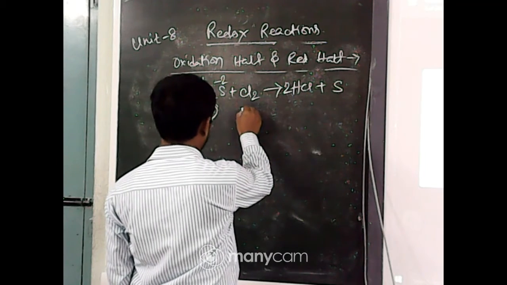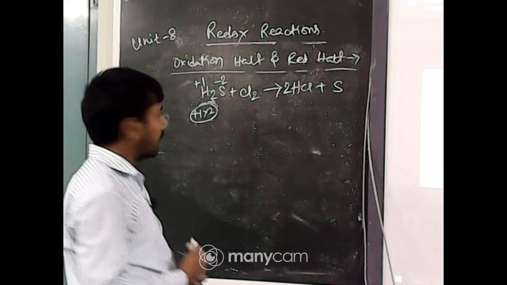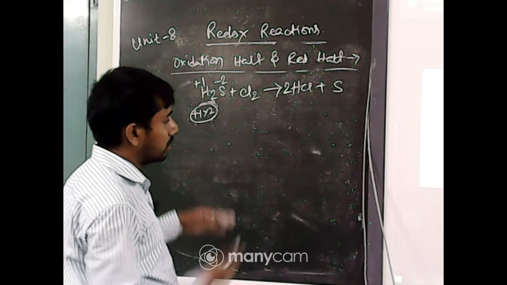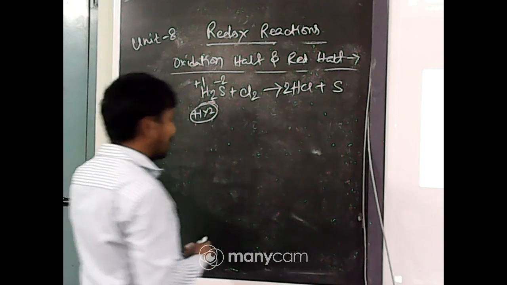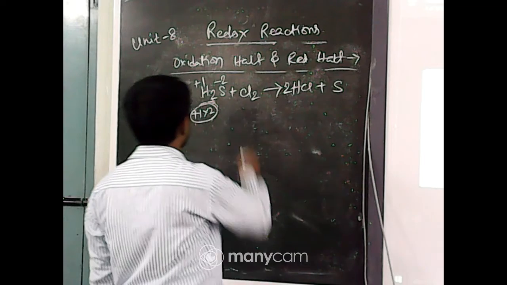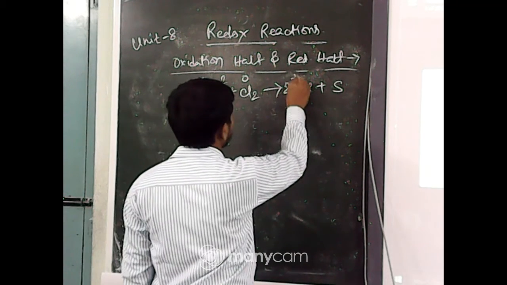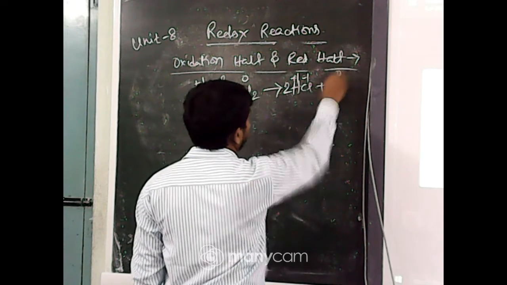For sulfur, you have to forget about the group valency, because sulfur is a group 16 element, but here the sulfur is an anion. Now chlorine in free state is 0, here it is -1, and sulfur is 0.